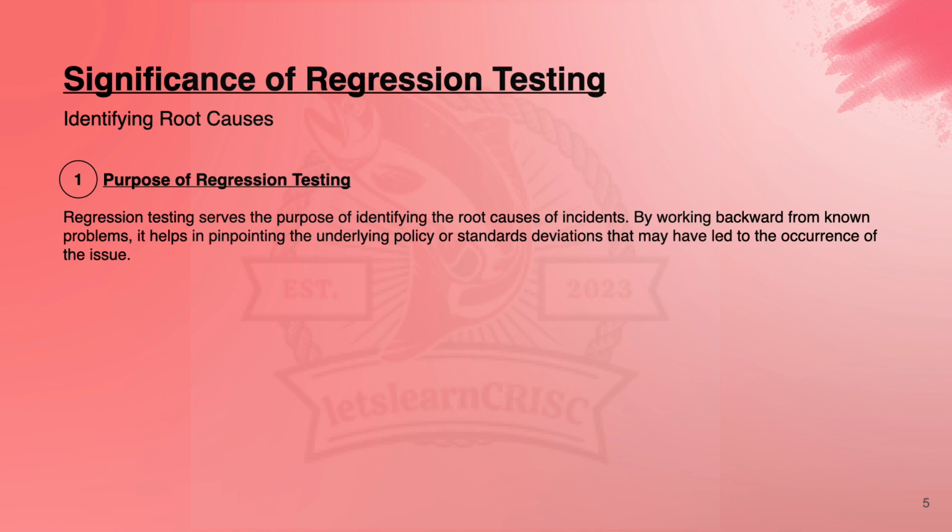Let us understand with an example. Think of a website that used to work perfectly, but after some updates, certain features stopped working. So regression testing would involve going back to check the updates and identifying any changes that might have caused the issues, right?